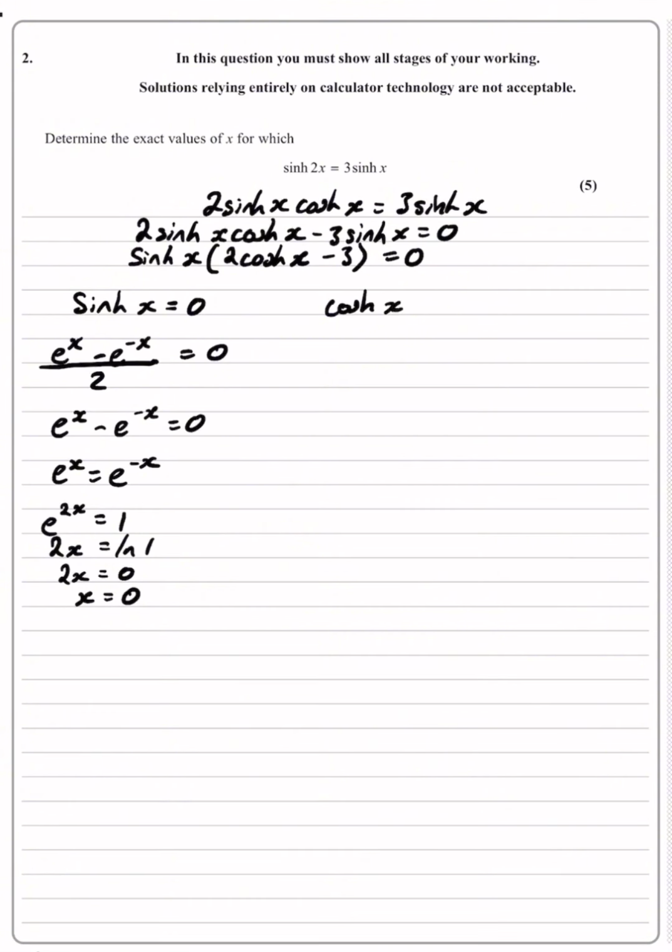For cosh x equals 3 over 2, I'm going to replace cosh x with e to the x plus e to the minus x over 2. Times both sides by 2.